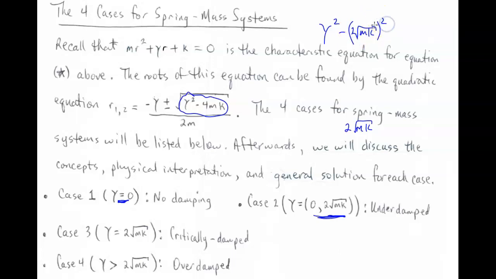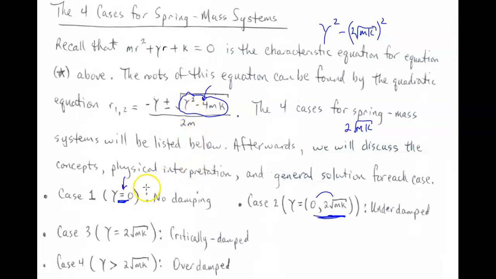It's the same exact thing. So essentially, when we look at cases where gamma is in between 0 and 2 times the square root of mk, we're saying that the discriminant is going to be negative, but not as negative as it could be if our damping coefficient was 0.